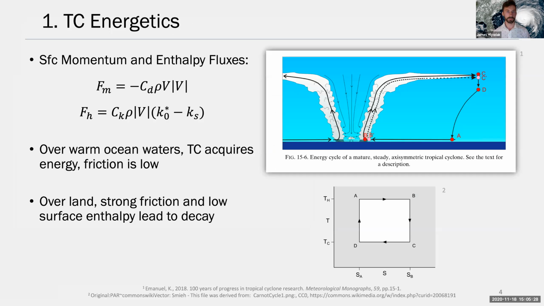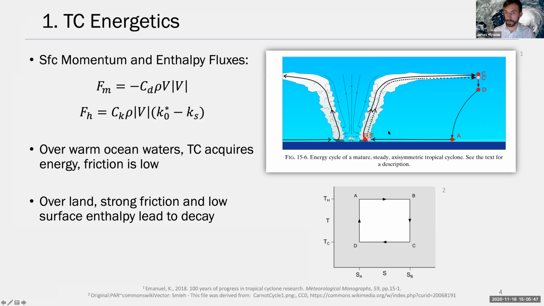So just to make sure we're all on the same page with why surface interactions are so important, I'm going to spend a little bit of time talking about TC energetics. This figure here on the right is a depiction of the classic Carnot theory of a hurricane as a Carnot engine.